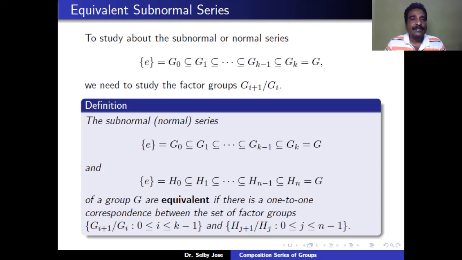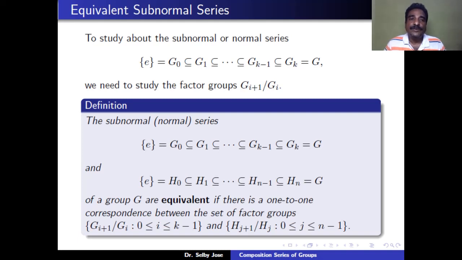Now there can be many subnormal series and normal series for a group G. When can you say that two normal series or two subnormal series are equivalent? Two subnormal series, one in Gi's and the other in Hi's, are said to be equivalent if there is a one-to-one correspondence between the factor groups of Gi's and the factor groups of Hi's.